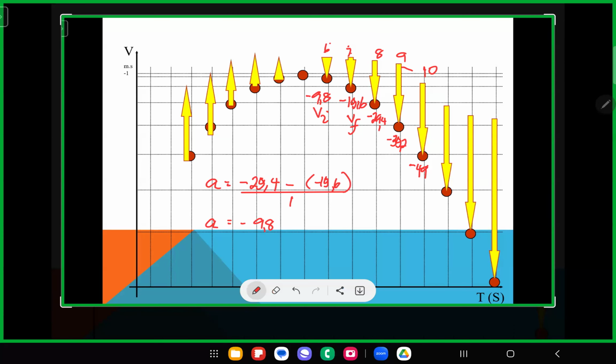If you try it between 9 and 10, and do the acceleration again, minus 49, minus 39.2 over 1, you're going to get the same acceleration.